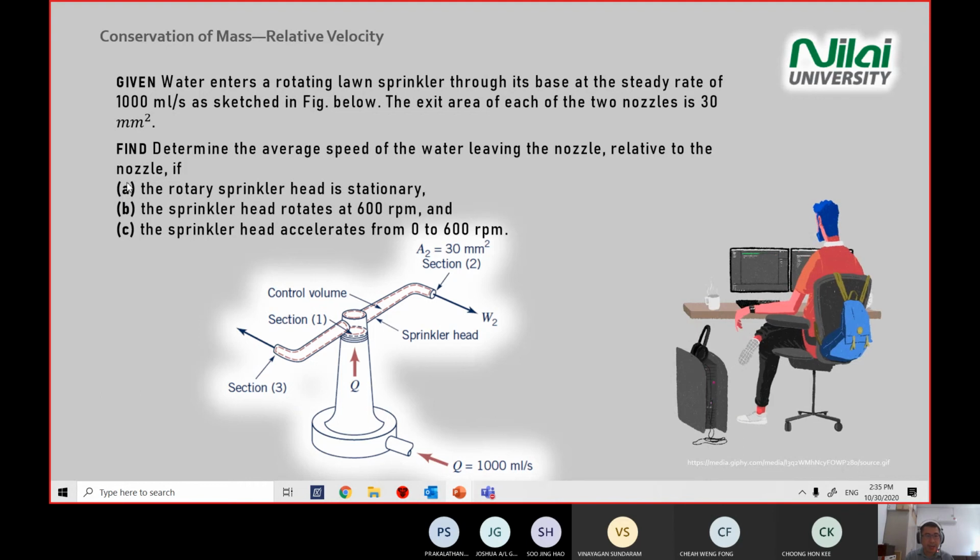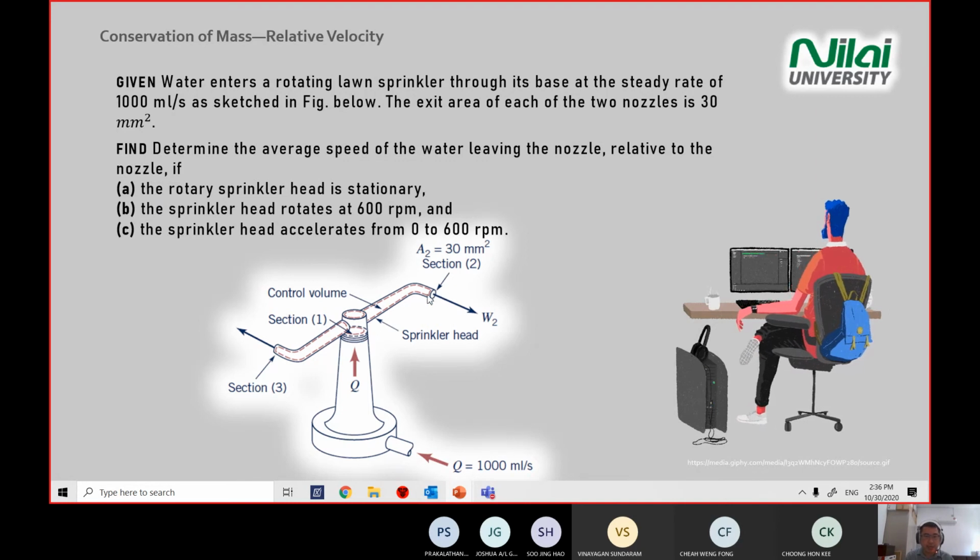The first case we look at is the average velocity, the speed, when the sprinkler head is stationary. It means we lock this sprinkler head so it does not move. We just look at what happens if you lock the sprinkler head and water input from the bottom goes up and comes out from the two heads here. So what is the velocity here?